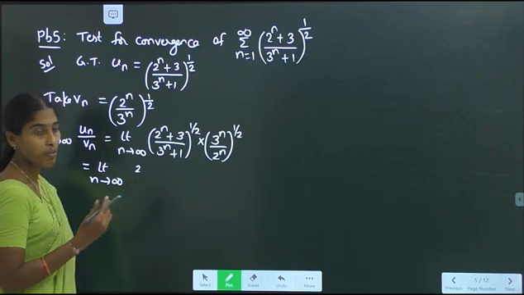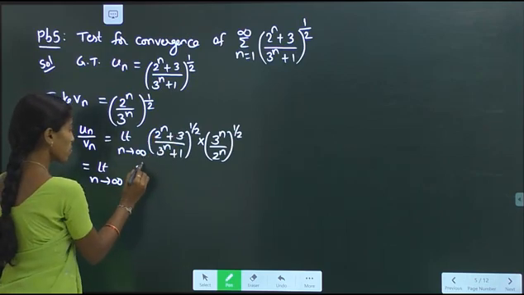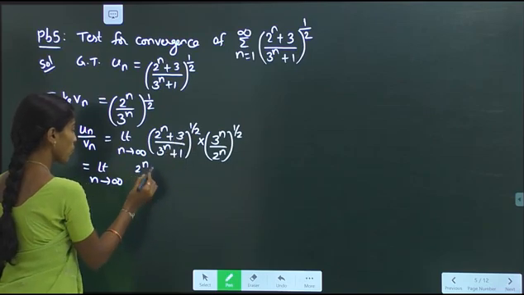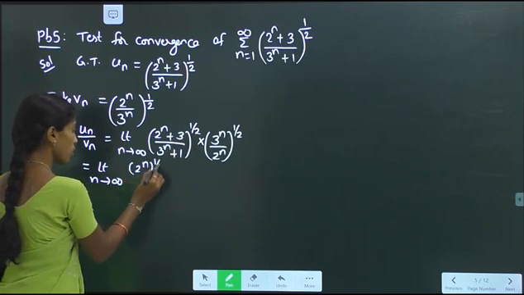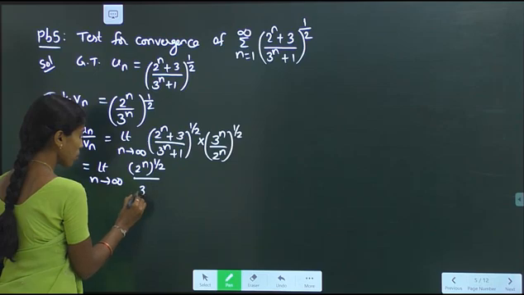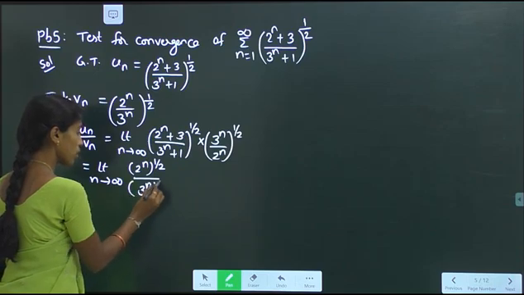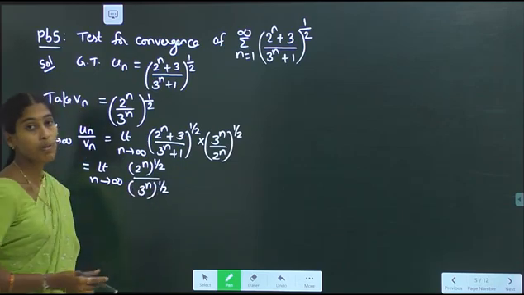Taking common 2 power n from the numerator, it becomes 2 power n whole power 1 by 2. Similarly, taking common 3 power n from the denominator, it becomes 3 to the power n whole power 1 by 2.